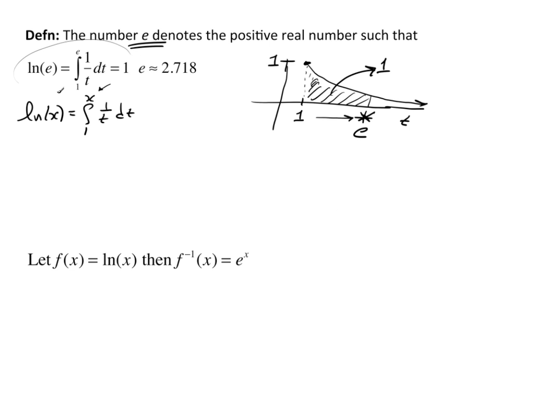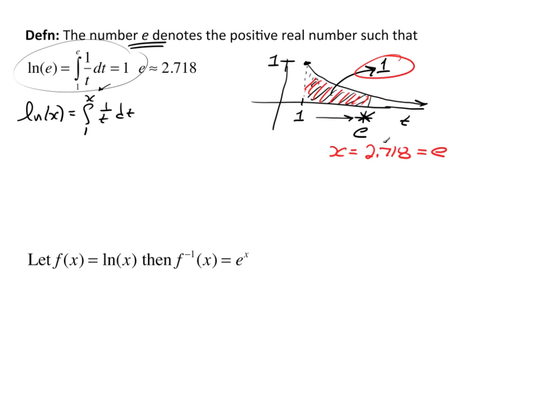And that's what this is saying here. I'm going to integrate from 1 to e of 1 over t dt such that the total area under the curve is equal to 1. And that happens when x is approximately 2.718, and that is the value of e.